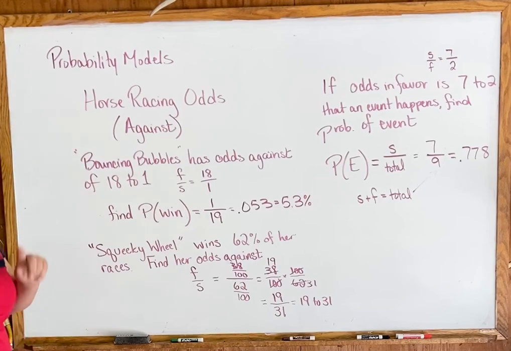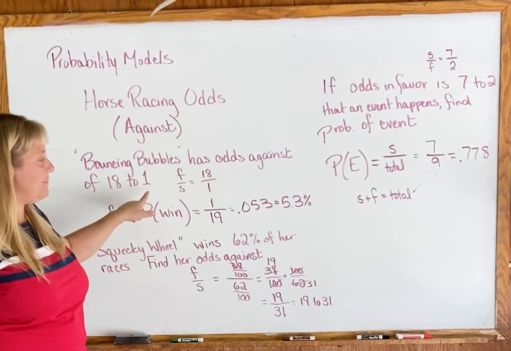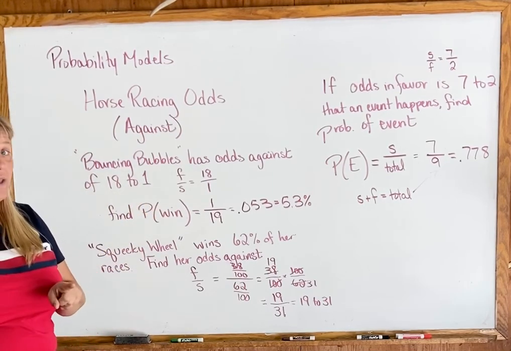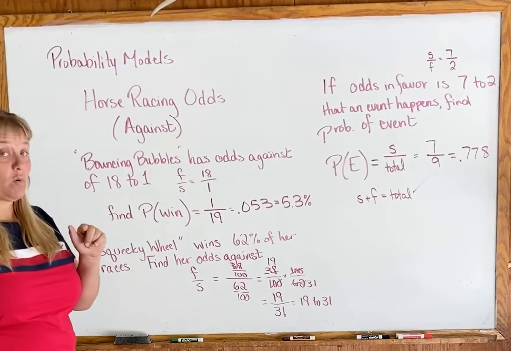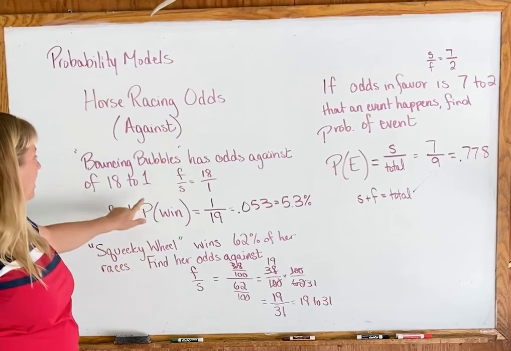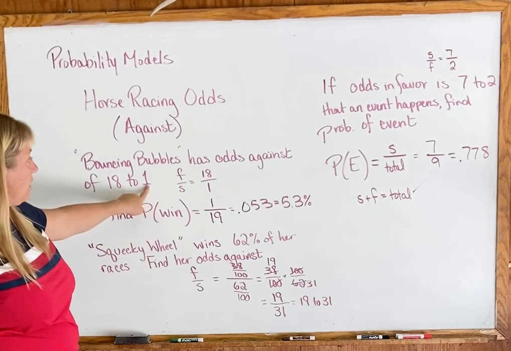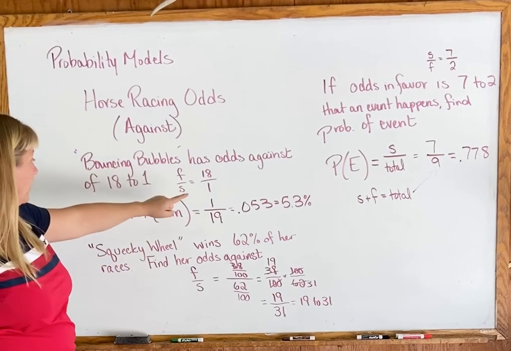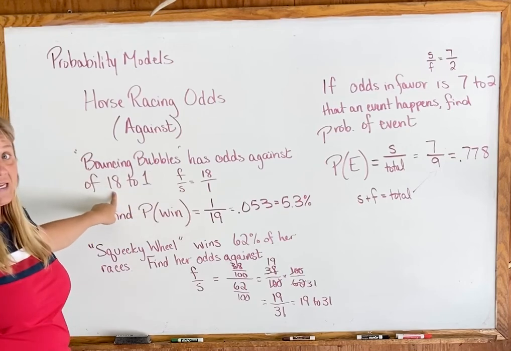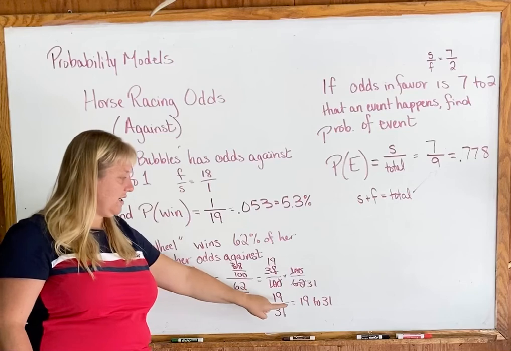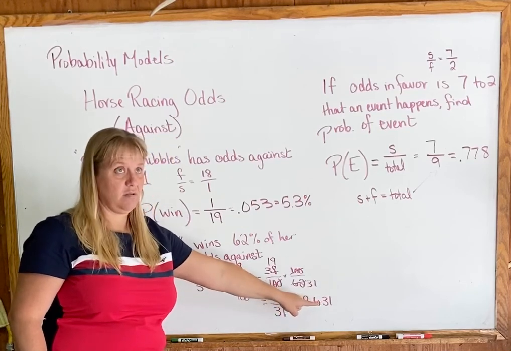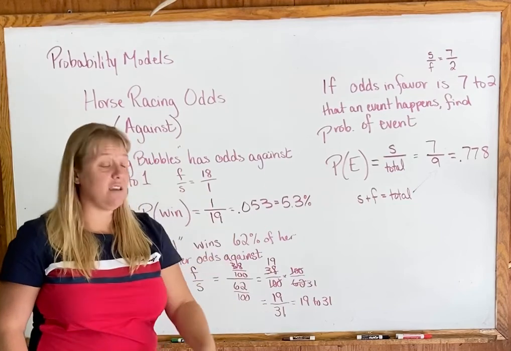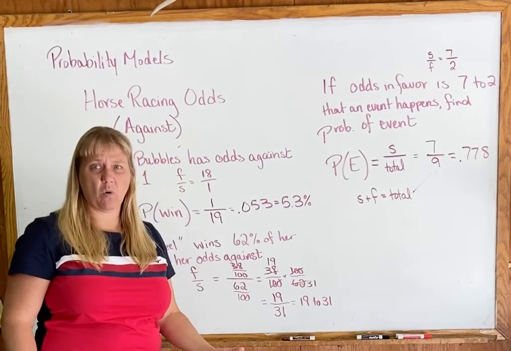But here's the dealio. If you bet on Bouncing Bubbles and Bouncing Bubbles wins, you're gonna win a lot more. Okay, so remember what we talked about when we did that roulette thing. If you bet $1 on Bouncing Bubbles and he wins, you get $18. Okay, so over here though, if you bet $31, they only then give you $19 more.